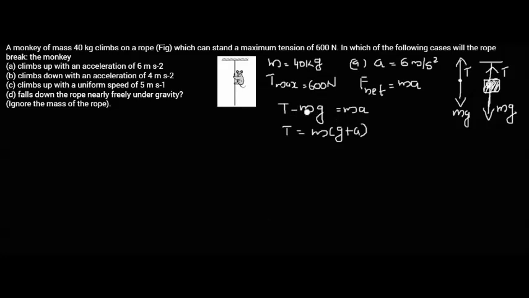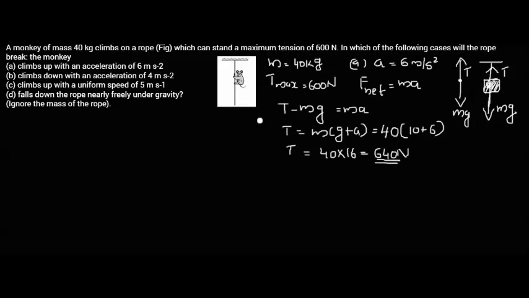I am taking the negative mg to the right hand side. Since m is common, I took it outside. Now substitute the values. Mass is 40, g we can take as 10, and acceleration is given as 6. So the value of tension T will be equal to 40 into 16, which is equal to 640 Newton.